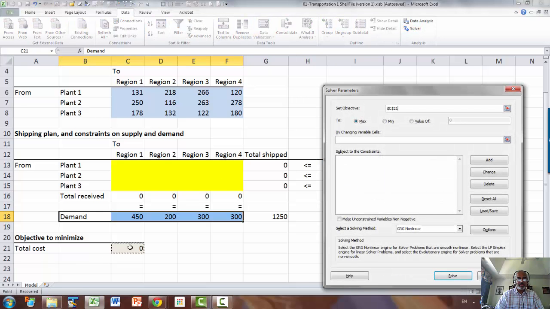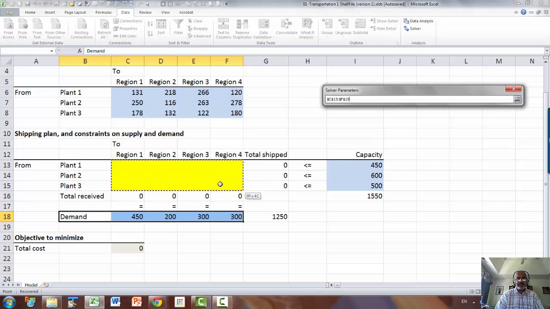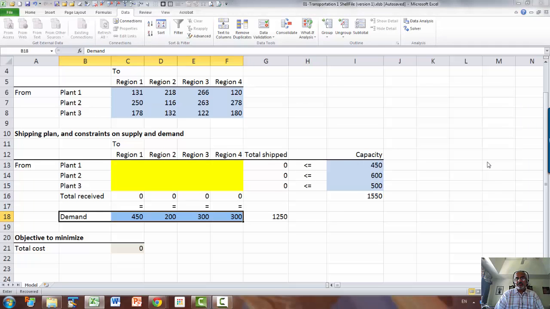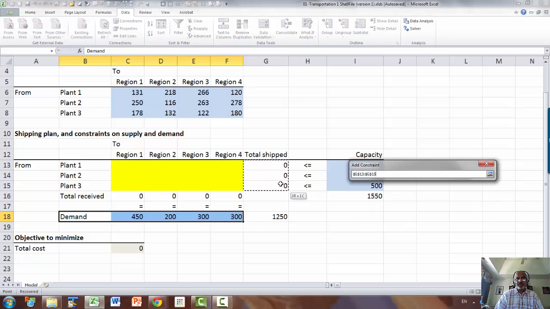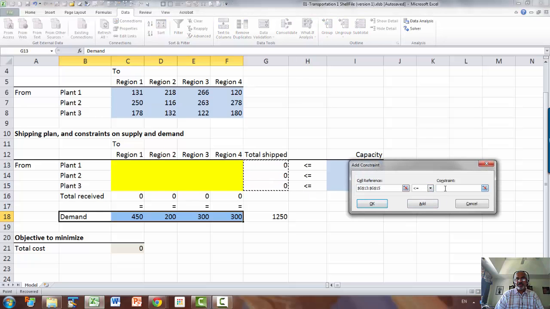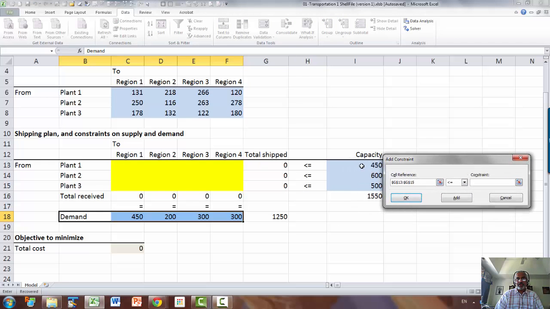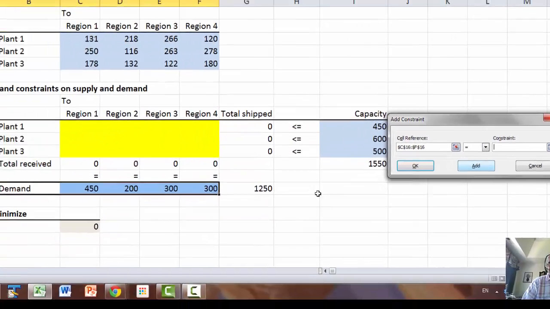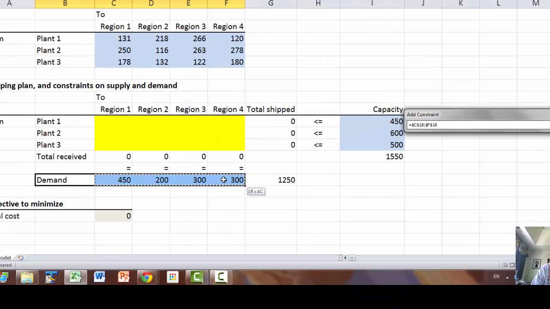We need to minimize the total cost. The changing cells is this region, and the constraints are the total shipped is less than or equal to capacity, and then total received is equal to the demand.